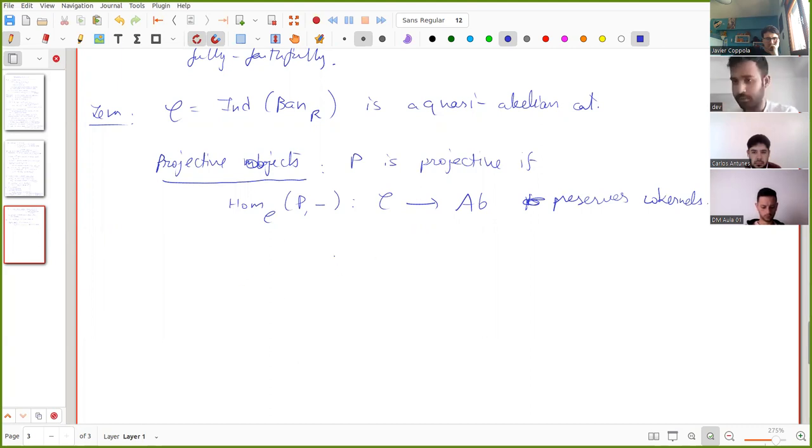So it's just the same as the usual abelian category definition of projectives, except you replace surjections by co-kernels.